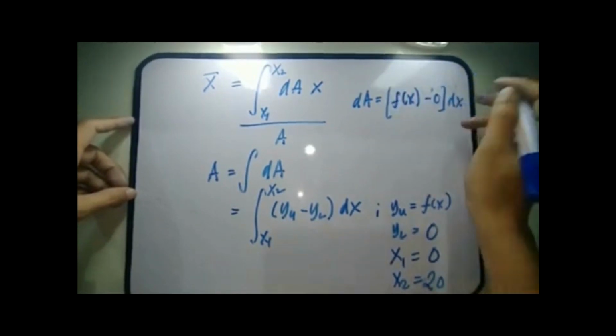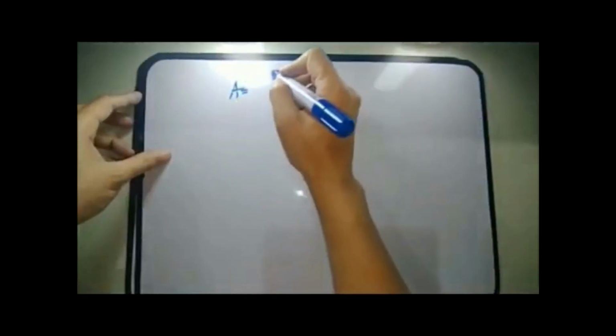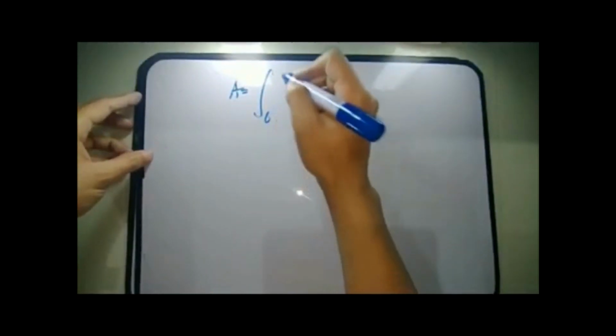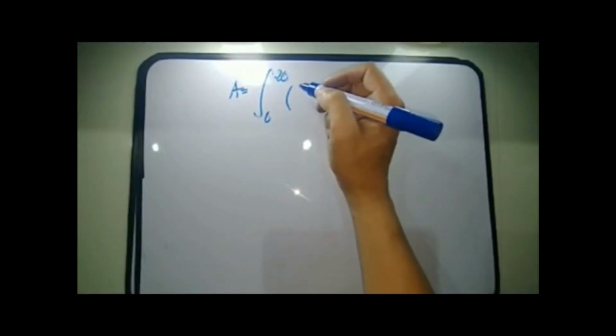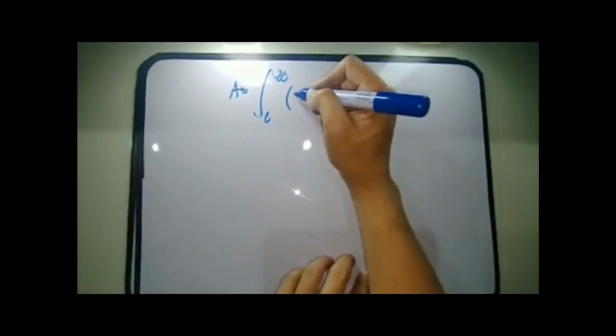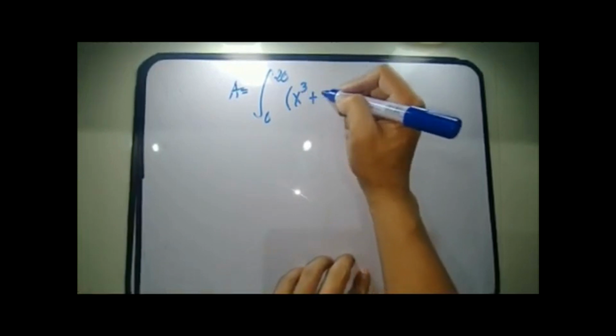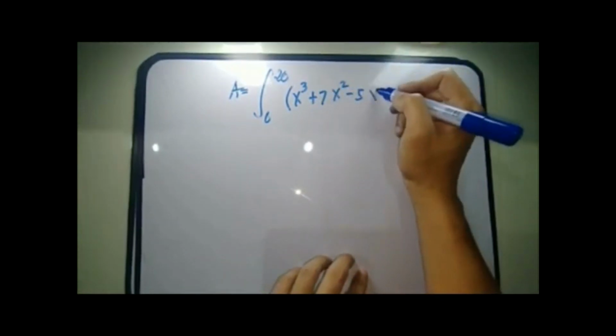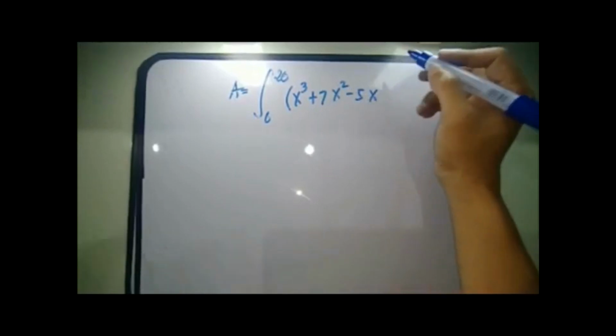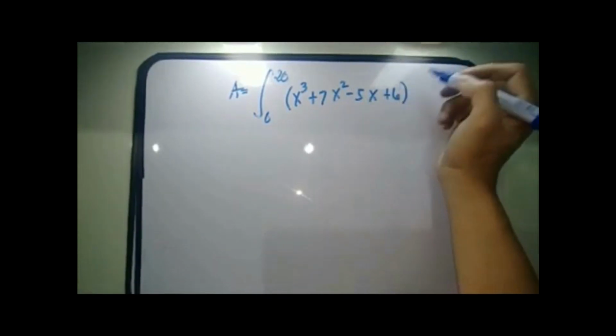So, area will be integral of, you have 0 to 20, that is our limit. And yung function of x natin guys is x cubed plus 7x squared minus 5x plus 6, differential of x.